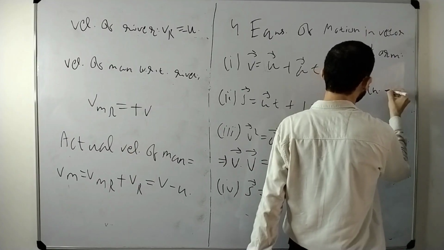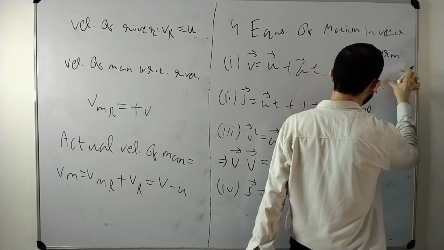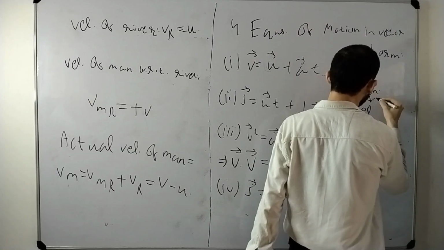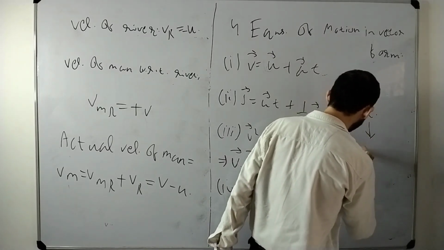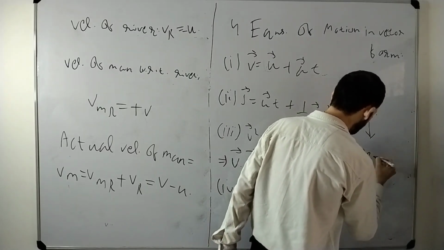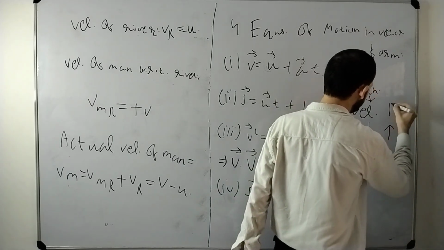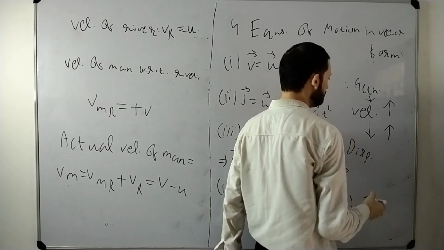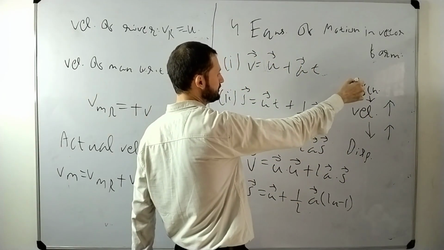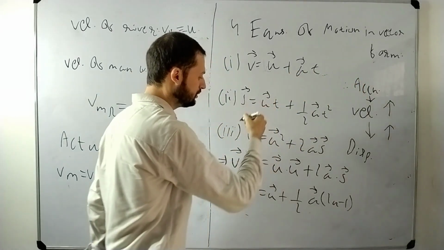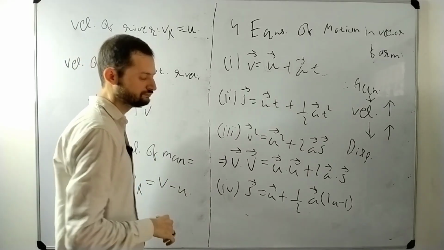Acceleration is a vector quantity and it depends on velocity, which in turn depends on displacement, and the reverse is also true. So from displacement you get velocity, and from velocity you get acceleration. So all the quantities in Newton's equations of motion are vectors. Thank you.